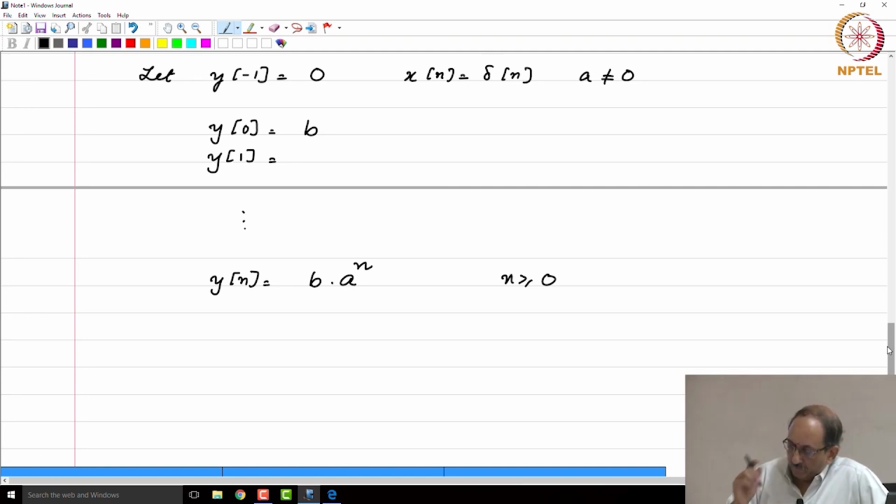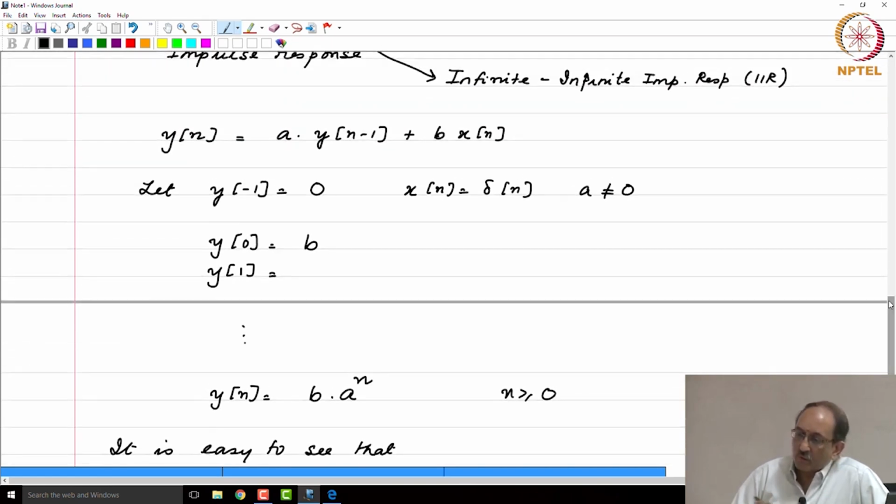And it is easy to see this particular system, that is y of n equals a times y of n minus 1 plus b times x of n.